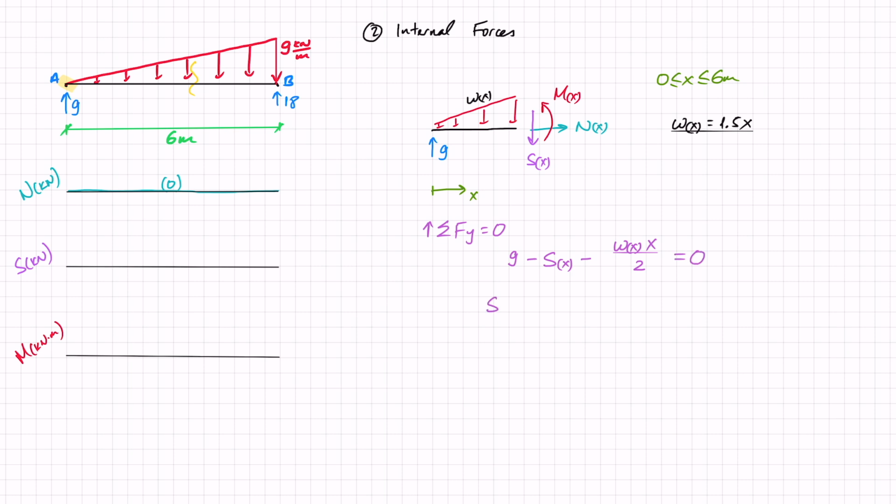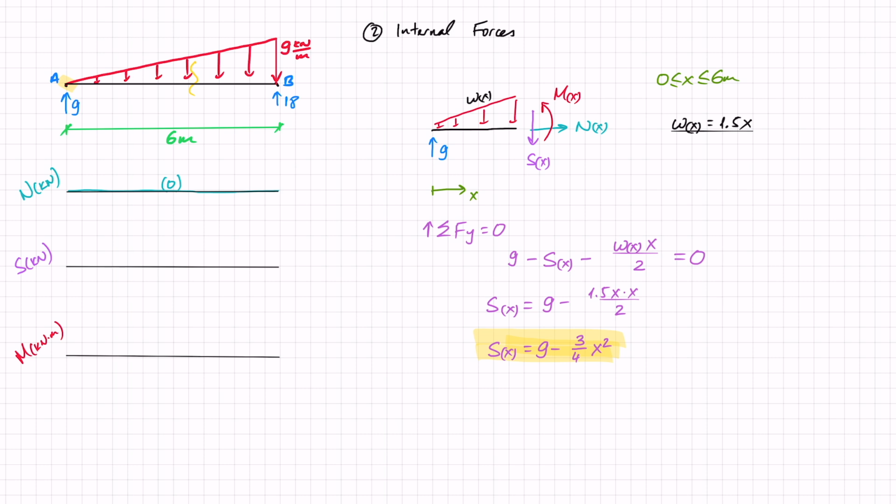So S equals 9 minus Wx, which is 1.5 times x, and then times another x, and then divided by 2. And so Sx equals 9 minus 3/4 x squared. And that is my equation for shear.